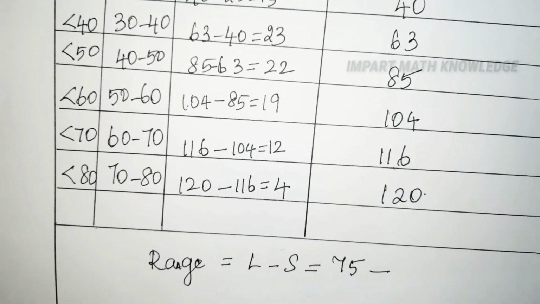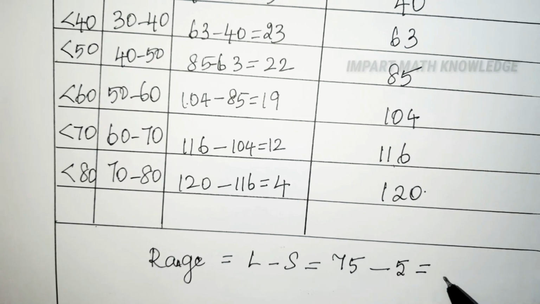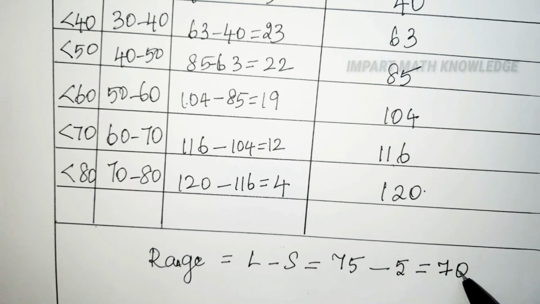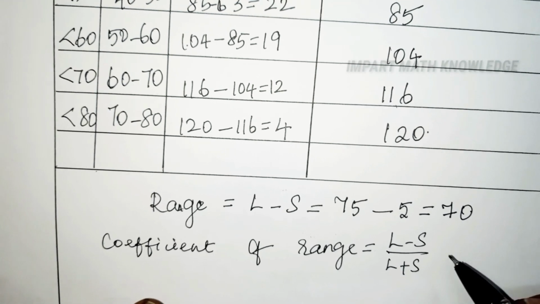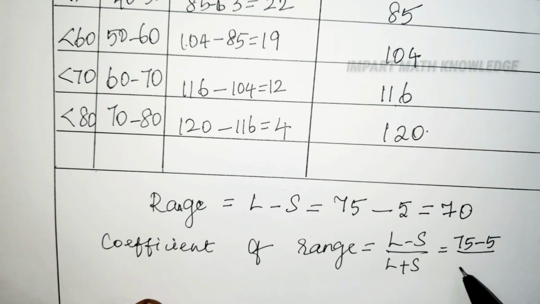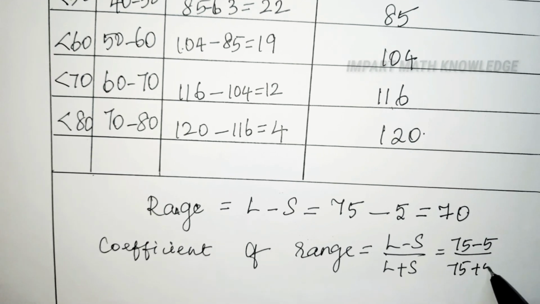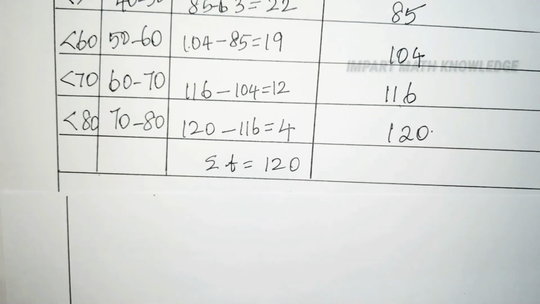S is equal to 5. This is equal to 70. Coefficient of range is equal to L minus S divided by L plus S, that is 75 minus 5 divided by 75 plus 5. So coefficient of range is 0.875.